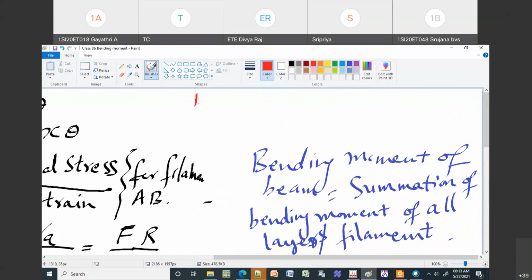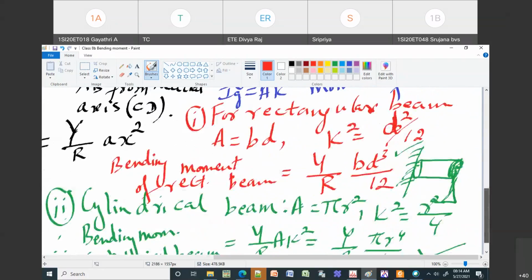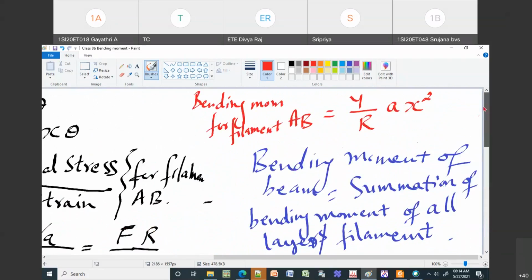So bending moment for filament AB will be equal to y by r into a into x square. Okay, so this is for your single element, that is for a single filament or single layer.